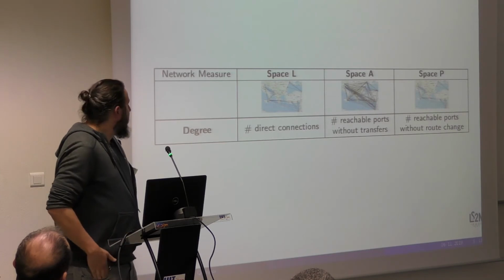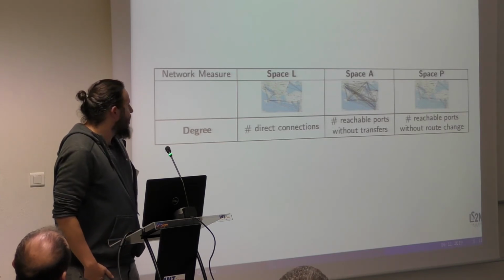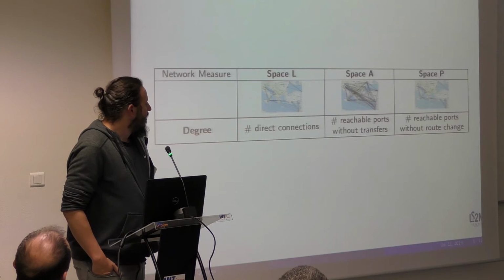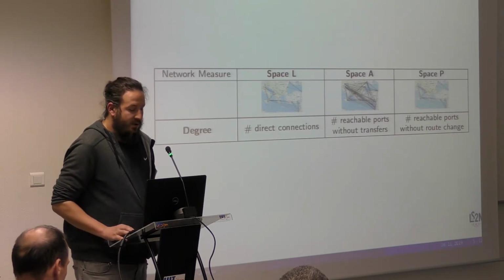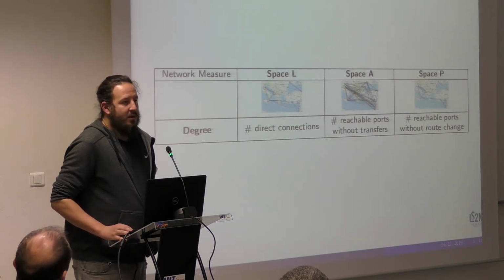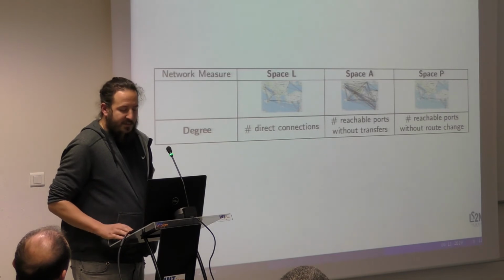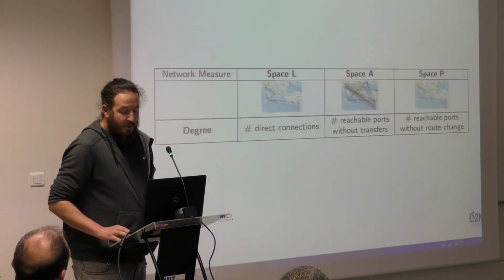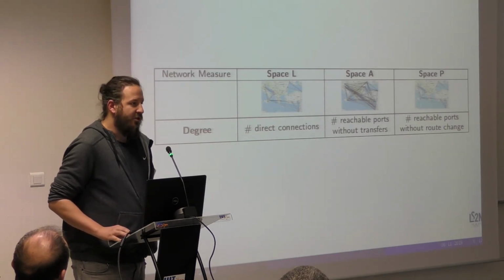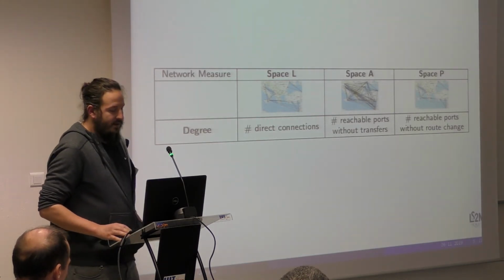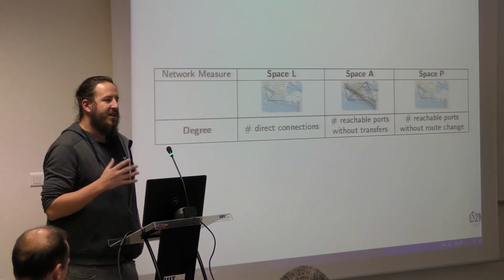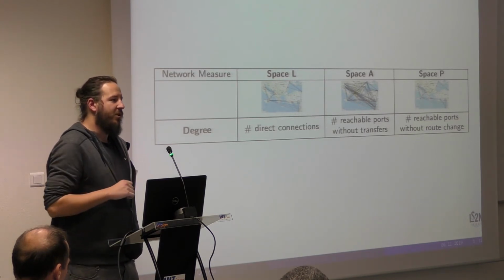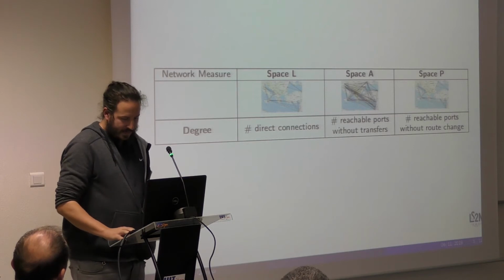If we take, for example, the degree, space L corresponds only to looking at direct connections, and in space P, the degree corresponds to the reachable ports without changing route. And I forgot to say that space L and space P are the terms used by a geographer working on this topic.